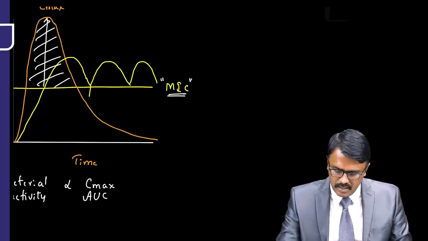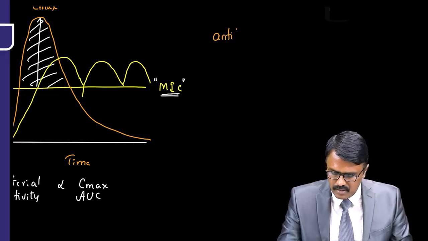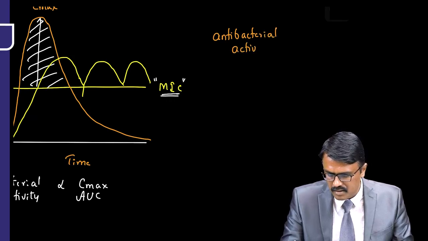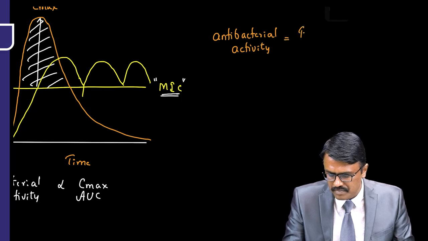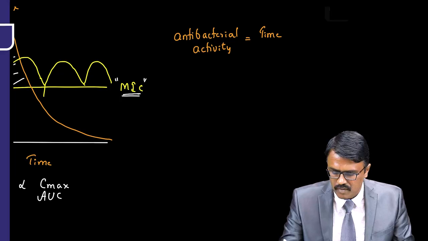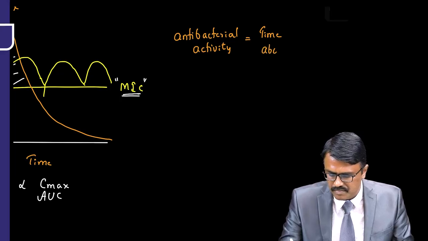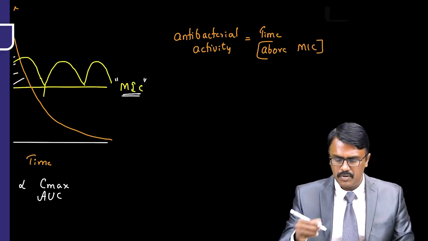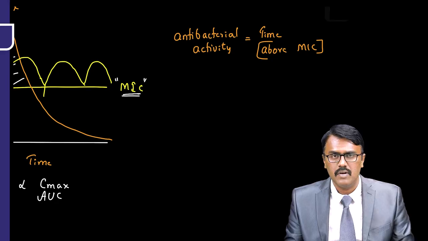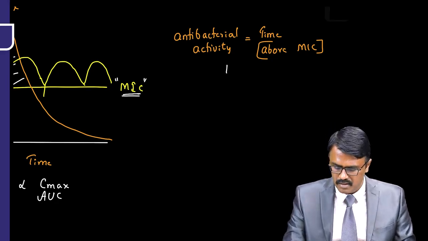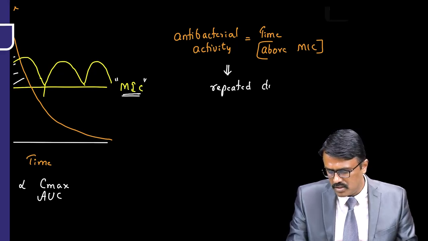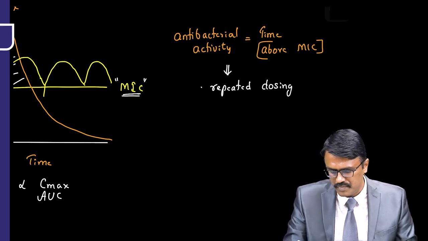So the antibacterial activity of certain drugs depends on the time when the drug is above MIC. If you give it repeatedly, then only the drugs will produce the maximum effect. Repeated dosing has to be done to get the full effect.